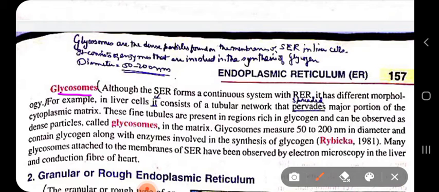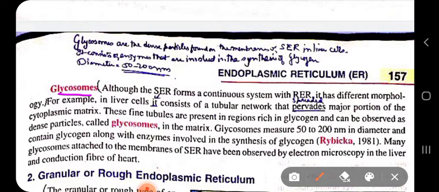As the name suggests, they are dense particles found within the membranes of smooth endoplasmic reticulum, especially in the liver cells. And these glycosomes contain enzymes which are involved in the synthesis of glycogen.